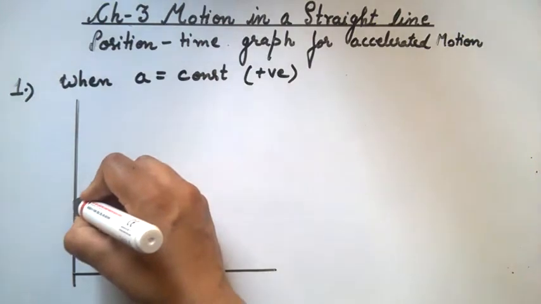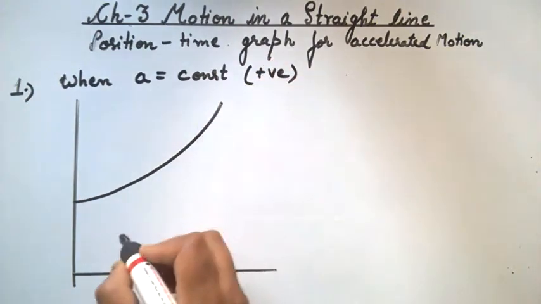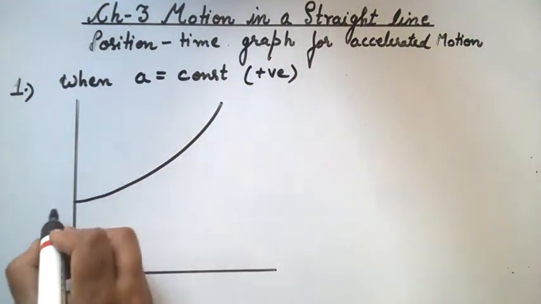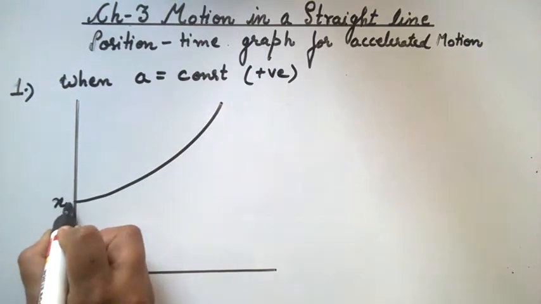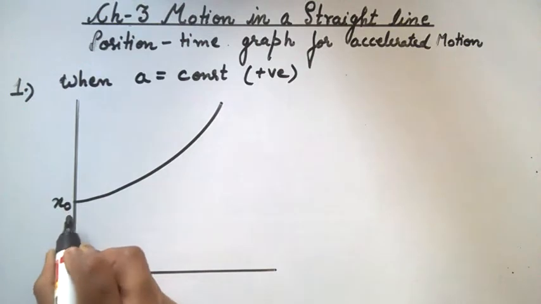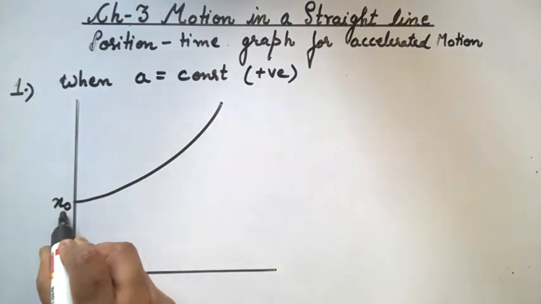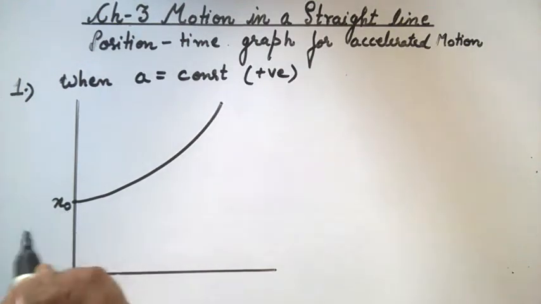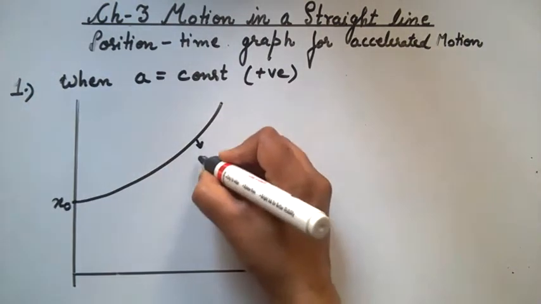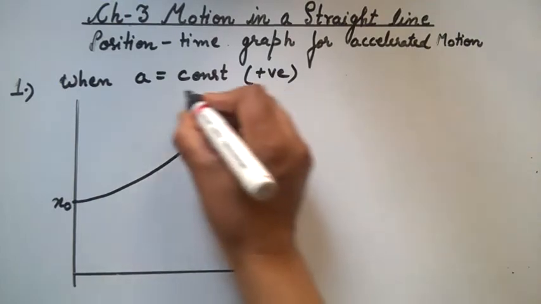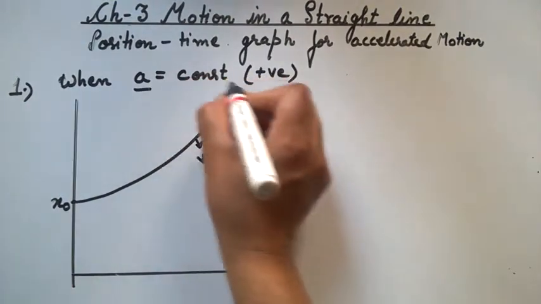So the graph will be like this. At time t equal to 0, the position of the object is x0 and it has some initial velocity. This is velocity, and the motion is uniformly accelerated motion.